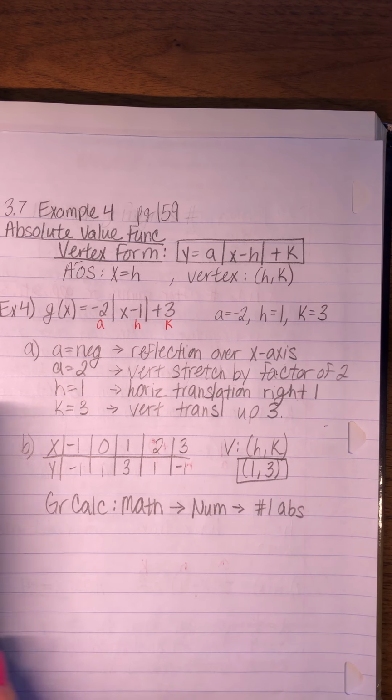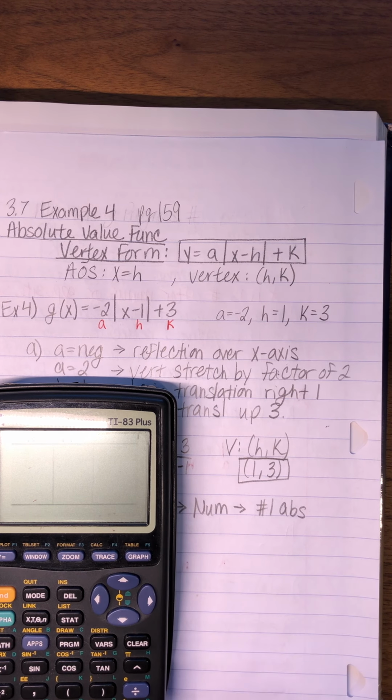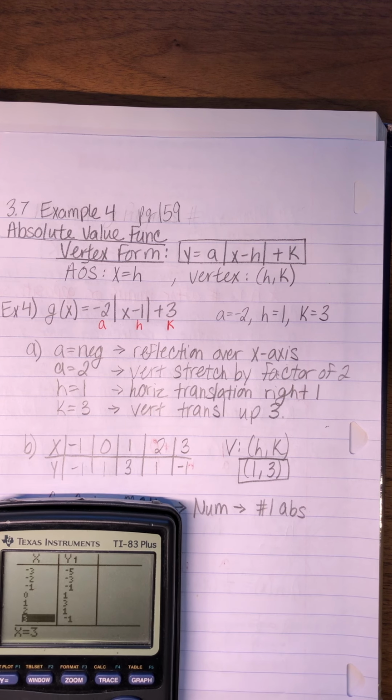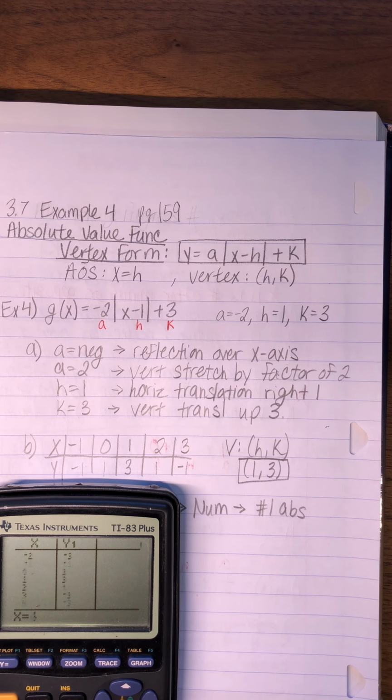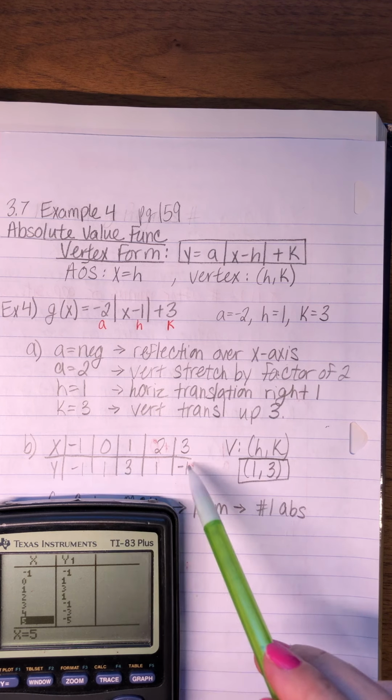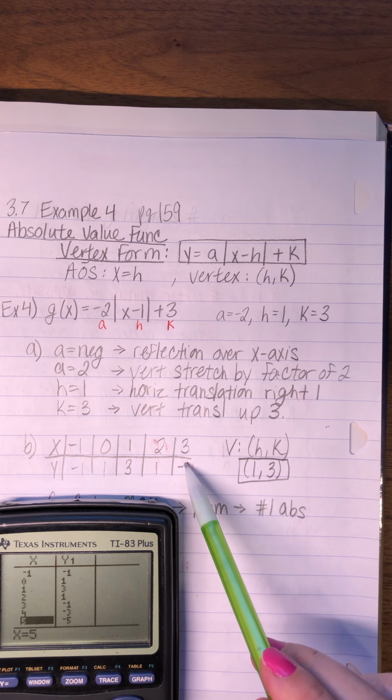Okay, let's go back and let's do second table, and let's see if we got the numbers that we want in our table. We're going from -1 to 3. So I got -1 is -1, 0 is 1, 1 is 3, 2 is 1, 3 is -1, and that's exactly what I got here in my t-table.